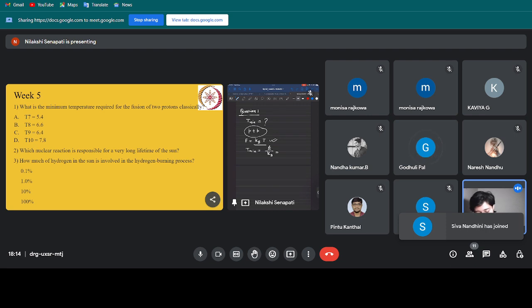Okay, so T min is E by kB, and for the pp reaction, as told in your lectures and discussed many times by now, the energy produced is 550 keV, that is 550 into 10 to the power 3 eV. Some information you need to remember, like what Godhuli just mentioned, that it is kBT, not half kBT, and we are using kBT for previous questions also.